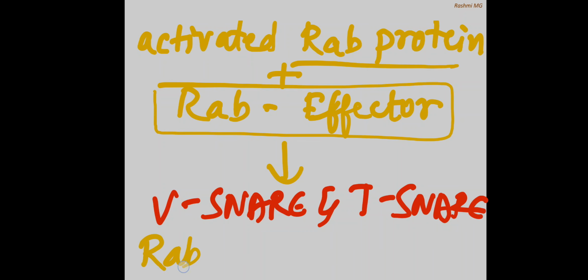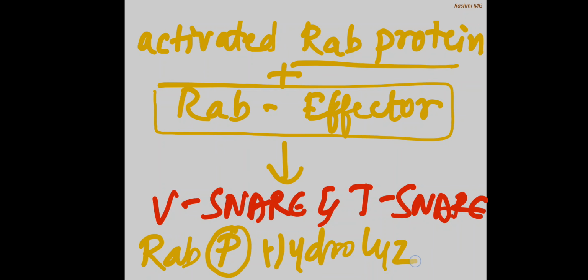Rab protein hydrolyzes GTP. After this hydrolysis, it locks the vesicle onto the target membrane. After tethering, snares mediate docking and fusion. So now is docking and fusion. What happens in this step?